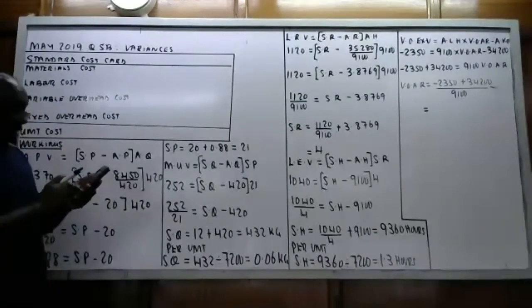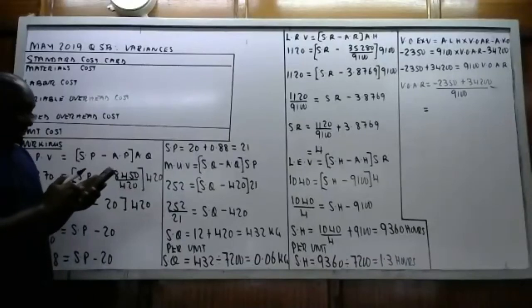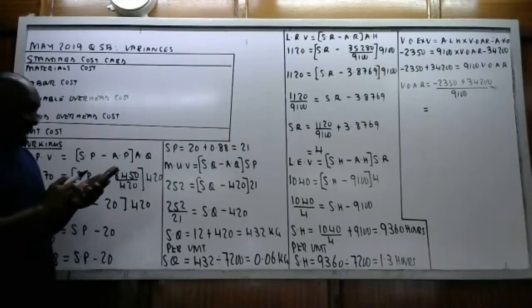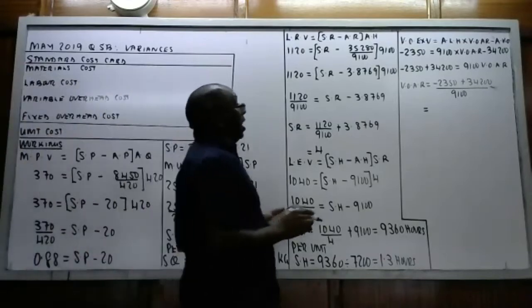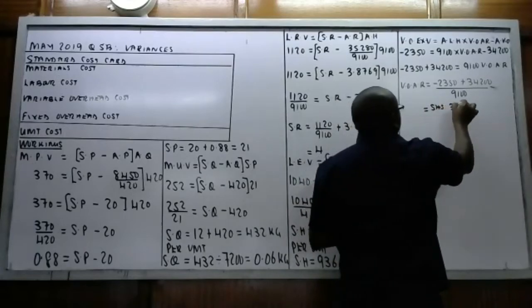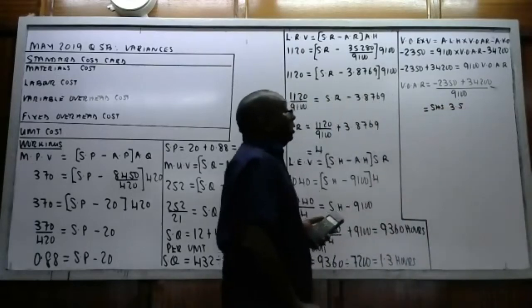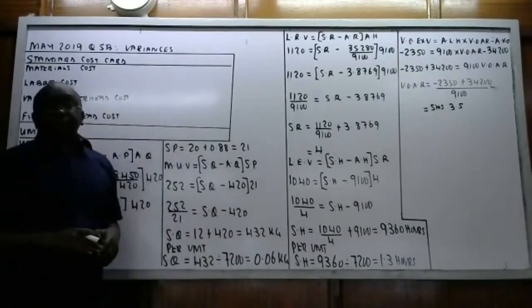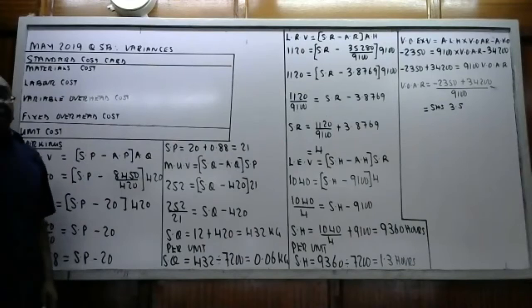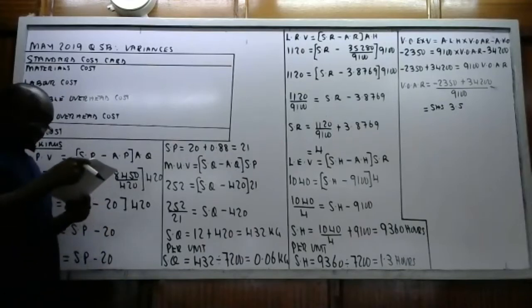I get shillings 3.5. That is the way we are.